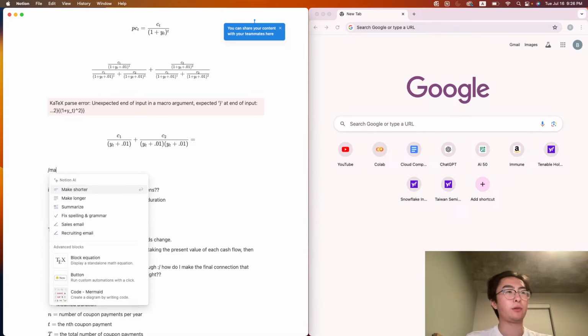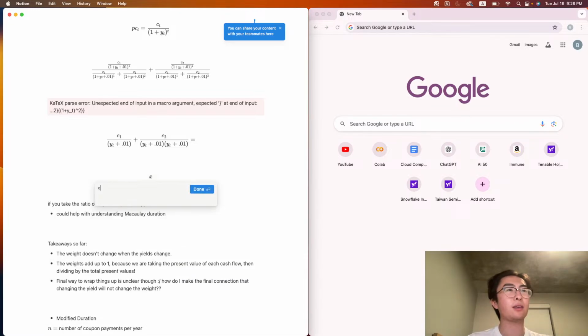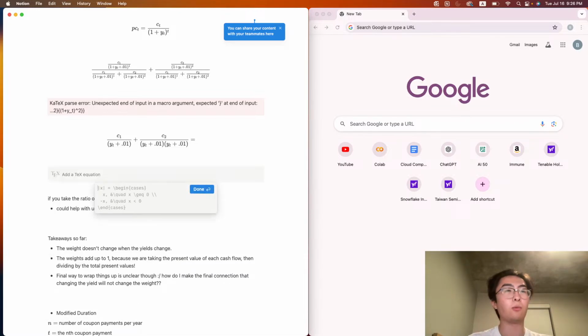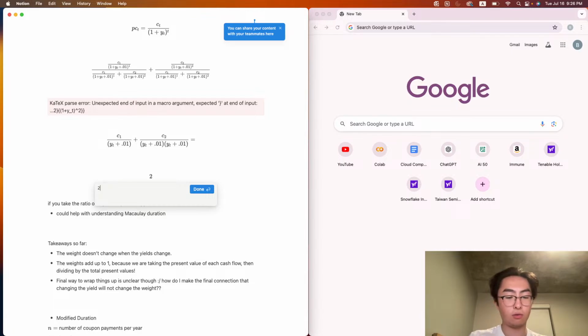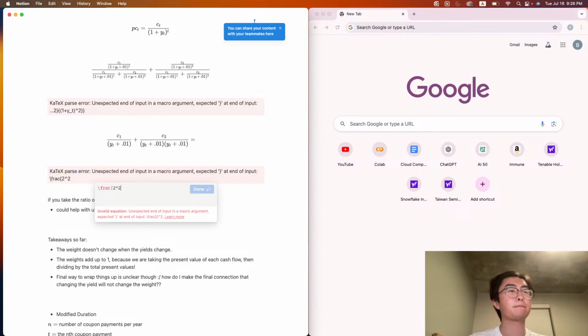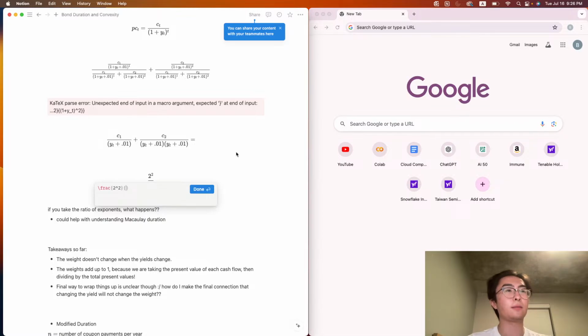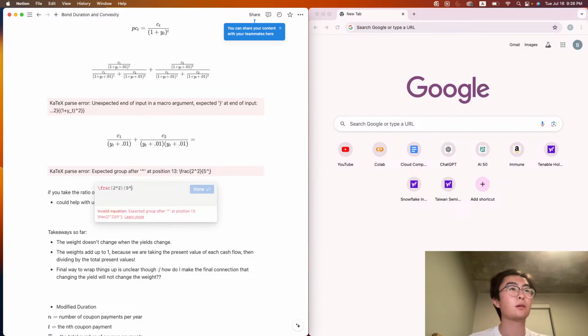Take a ratio of exponents, right? So what did I mean by that? I think what I mean is, okay, 1 plus 1, 2 squared, divided by 5 squared.